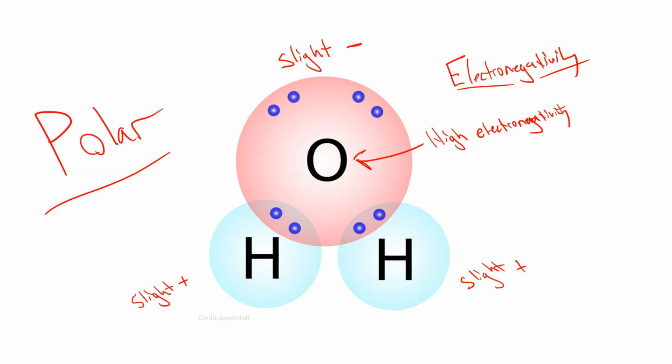Because water is polar, it likes other things that are polar. Charged molecules like to be around other charged molecules, whereas non-charged molecules don't really like to be around charged molecules.